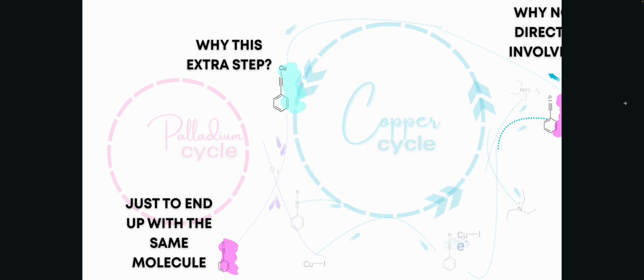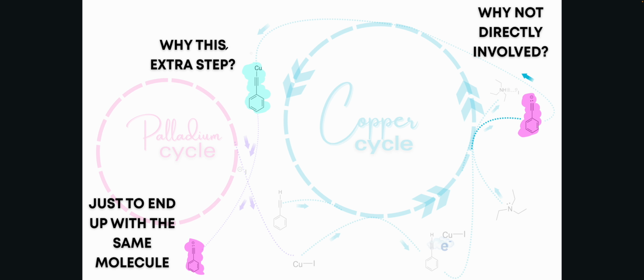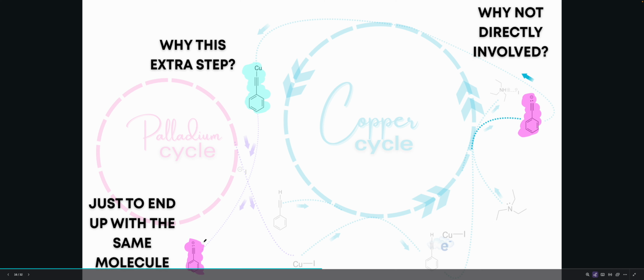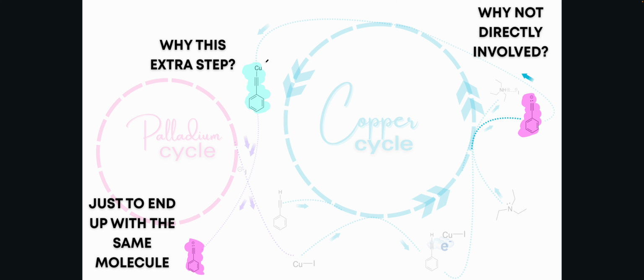Okay, so discussing why we have the two of the same molecules. The reason is the exchange that happens between the palladium cycle and the copper cycle is an exchange of ligands and halogens. And as such, this would be ineffective as a nucleophile for this reason.